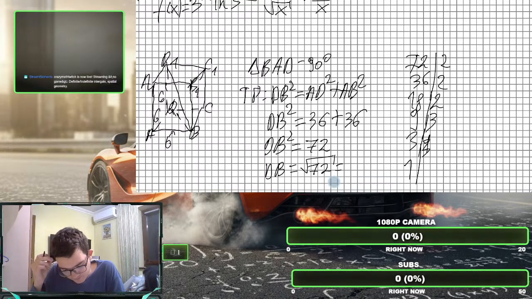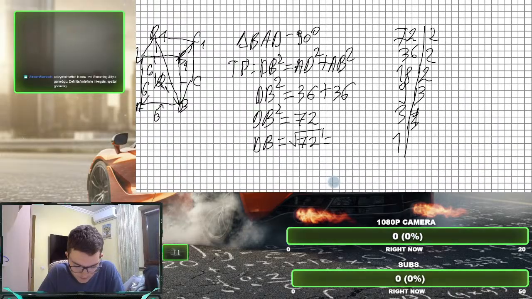So essentially I can write it down as 3 square root of 8, right?